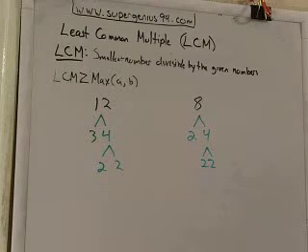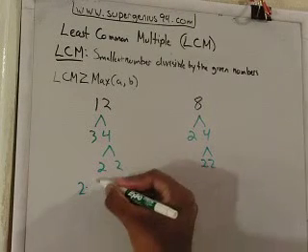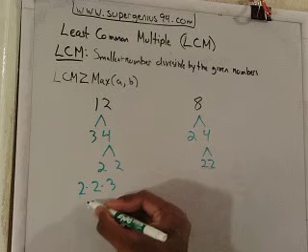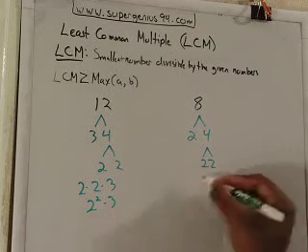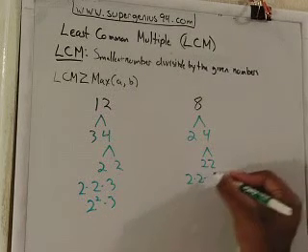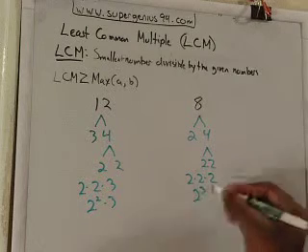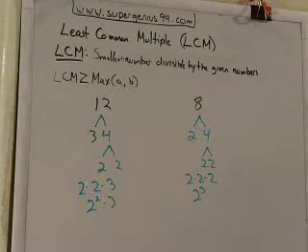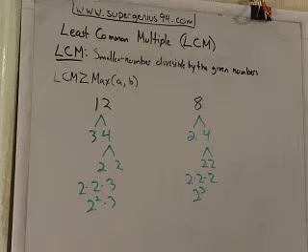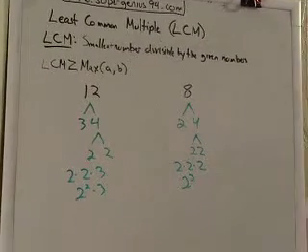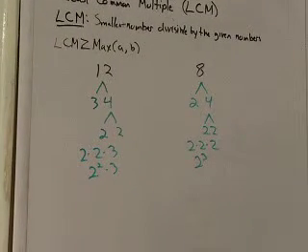So we have 2 times 2 times 3, or 2 squared times 3. And then 2 times 2 times 2, or 2 cubed. So there are those numbers. Now, let's find our LCM. Remember, our LCM has to have the greatest of each multiple that is represented by each number.